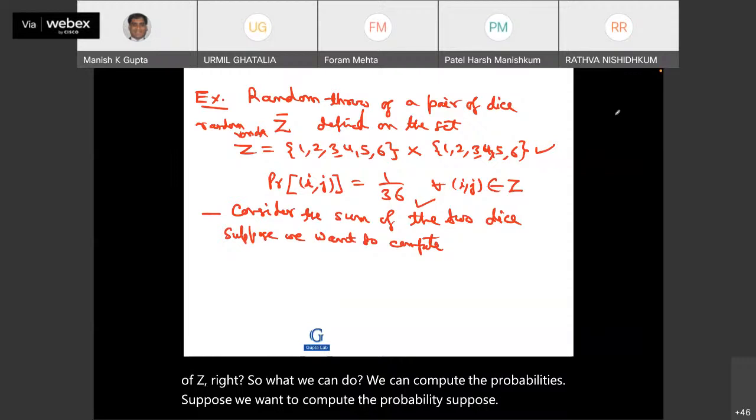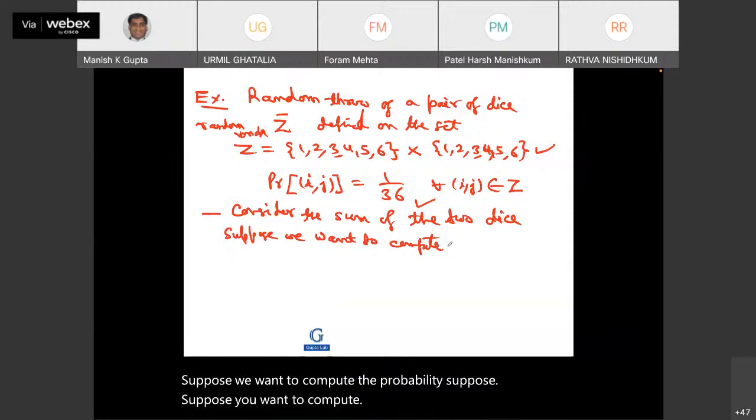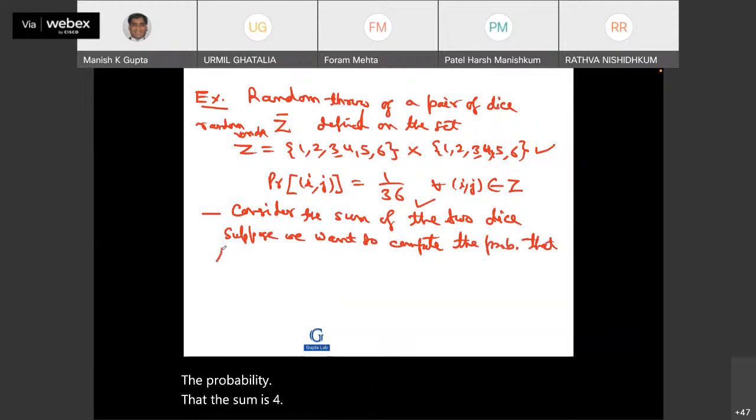Suppose you want to compute the probability that the sum of the two dice faces is 4. This corresponds to an event.